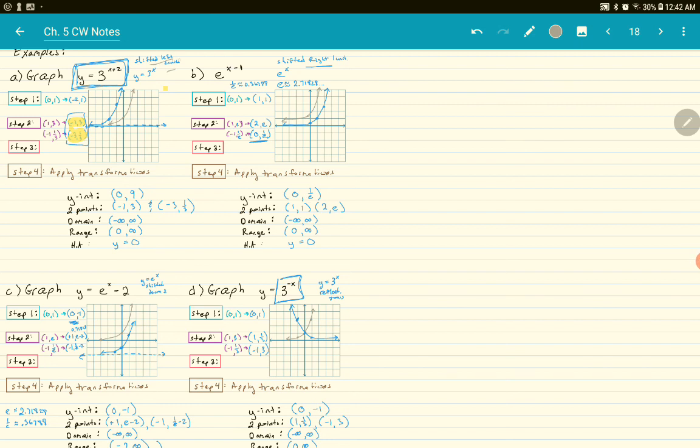A was shifted left 2 units, so you can see the gray going left 2 units. B was shifted right 1 unit, so you can see that. And then C shifted down 2, and then D we did from the gray line, so that's reflected over the y-axis.